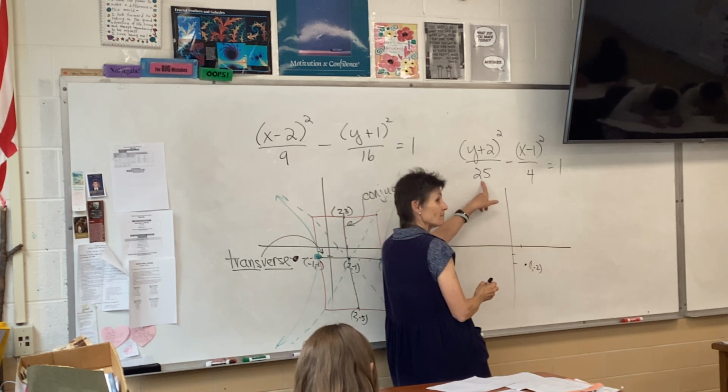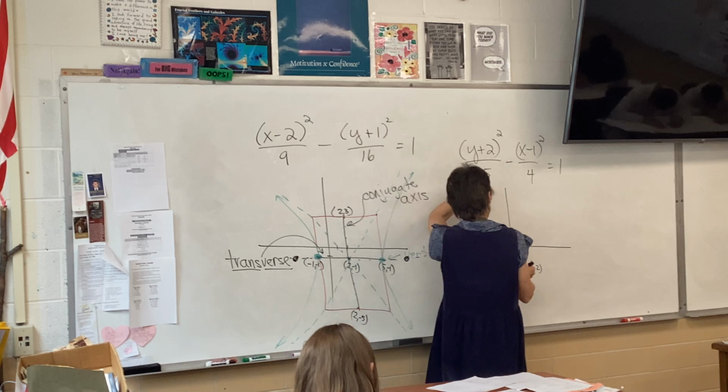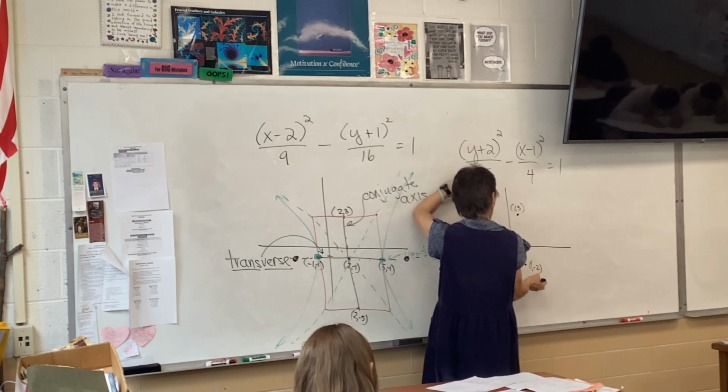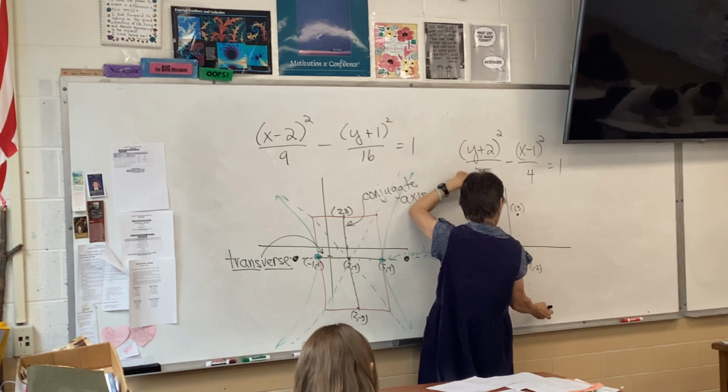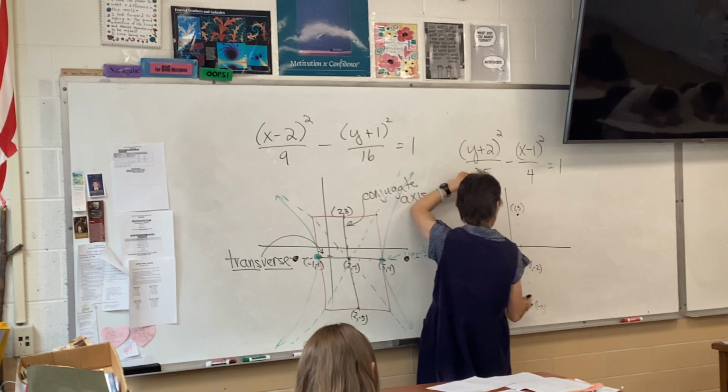Now, what does this 25 tell me? 25 under y tells me to go 1, 2, 3, 4, 5. So that's going to be 1, 3. And 1, 2, 3, 4, 5. That's going to be 1, -7.